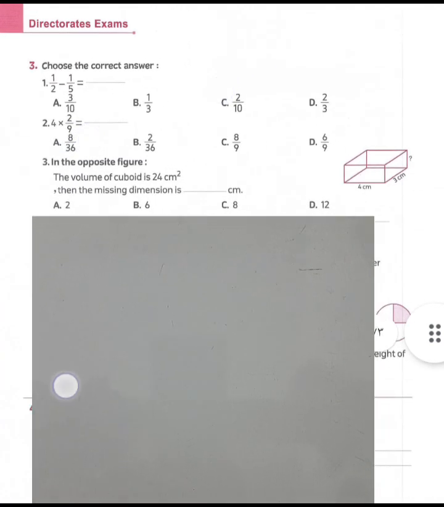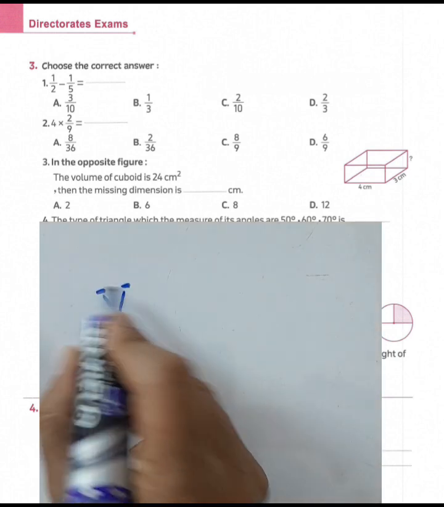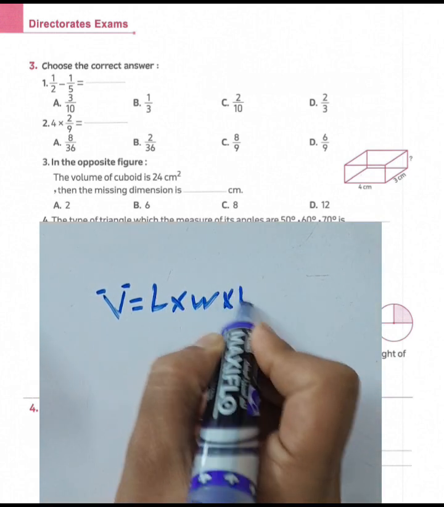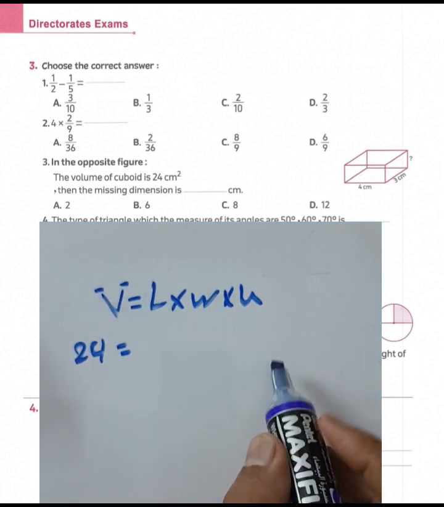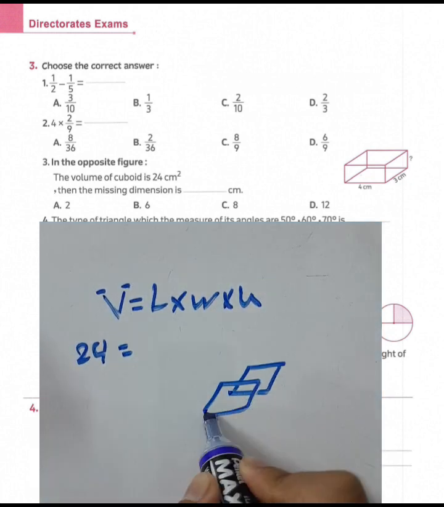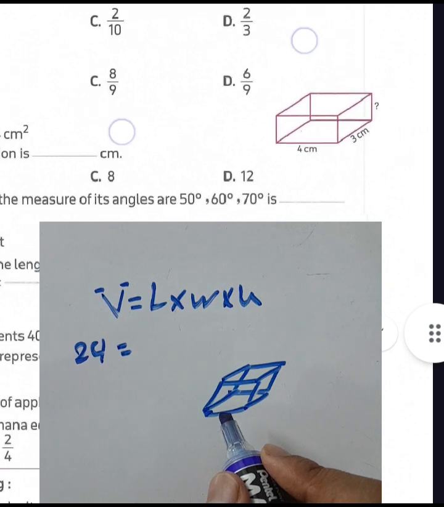Question number 3. In the opposite figure, the volume of the cuboid is 24 cubic centimeters. In the mentioned dimensions here, we know the volume equals length multiplied by width multiplied by height. He gives us the volume as 24, and in this cuboid we have 3 dimensions, 4 and 3 and a question mark here.